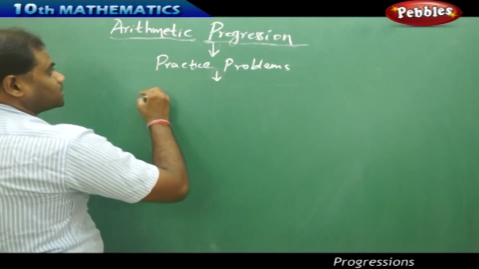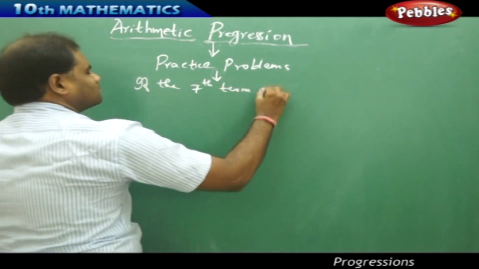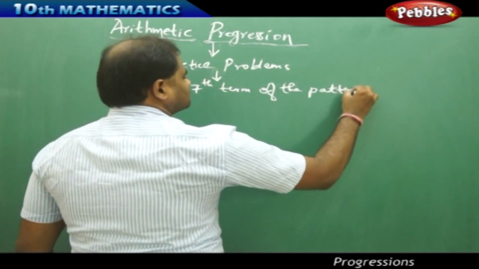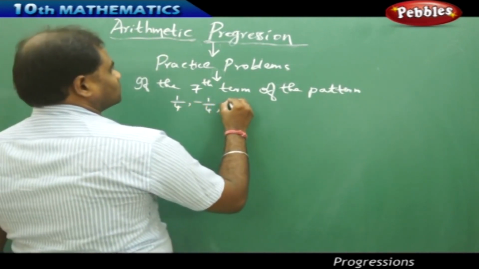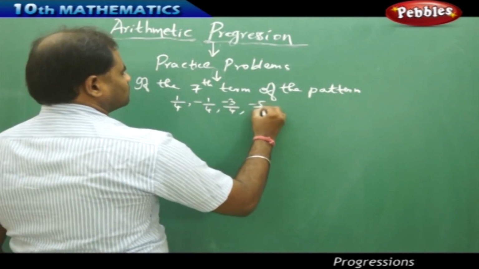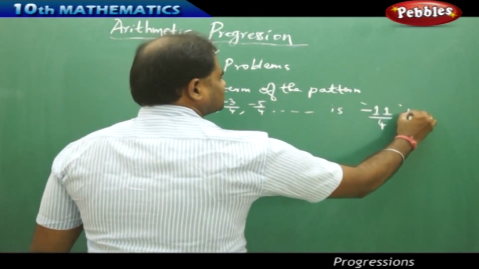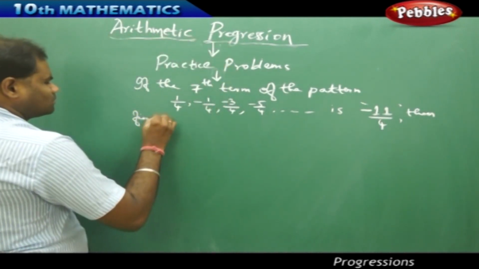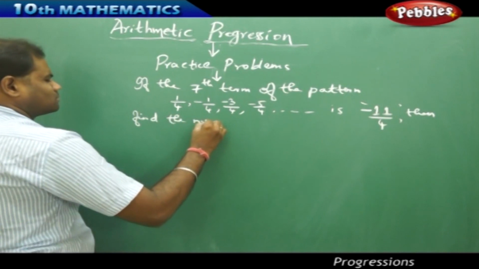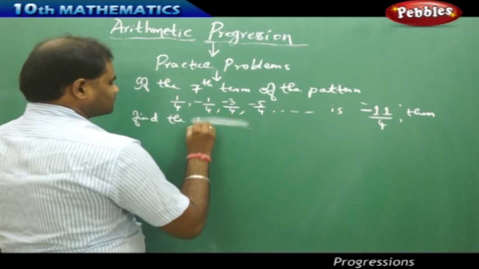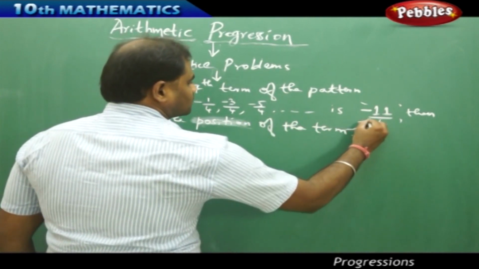Now in case of this, the question says, if the seventh term of the pattern 1 by 4, minus 1 by 4, minus 3 by 4 is this, then find the position of the term, this term.